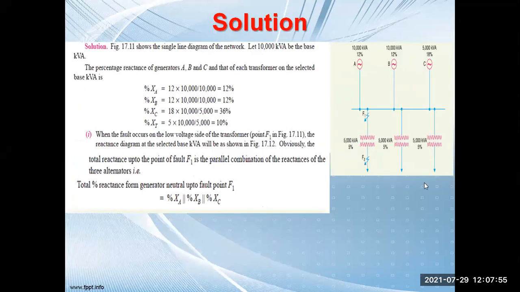This diagram. Yes, sir. I was asking, if the percentages of the transformers were different, not 5%, but 6, 4, or 3, then the calculation would be different, right? It will be different.